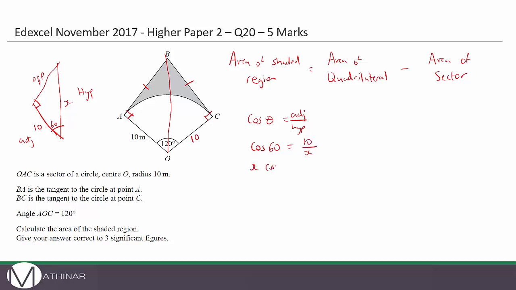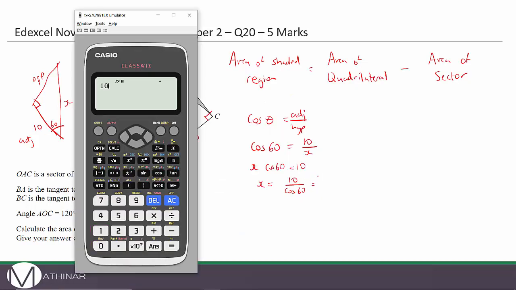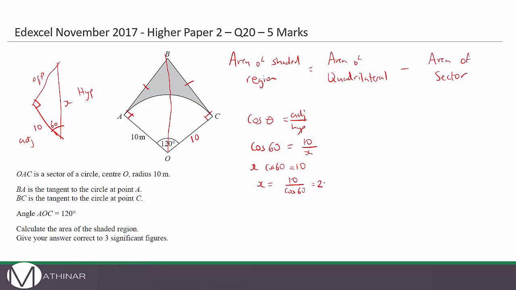So x cos 60 is 10, so x is equal to 10 divided by cos 60. That's 20, because cos 60 is a half. So we now know that x is 20, so that length there is 20.